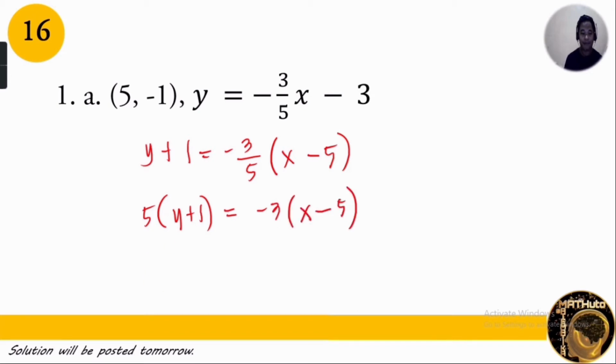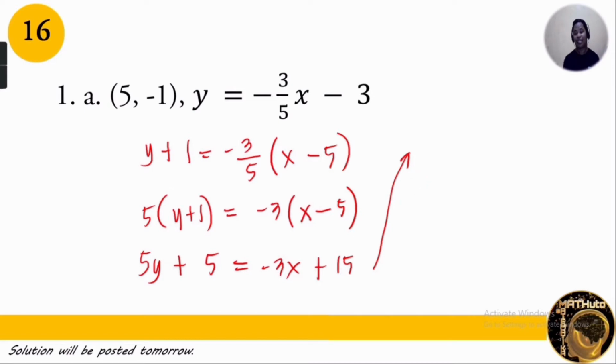Distribute po natin yung 5 sa quantity y plus 1. So, 5y plus 5 is equal to, distribute din natin yung negative 3 sa quantity x minus 5. We have negative 3x, negative 3 times negative 5 is positive 15.